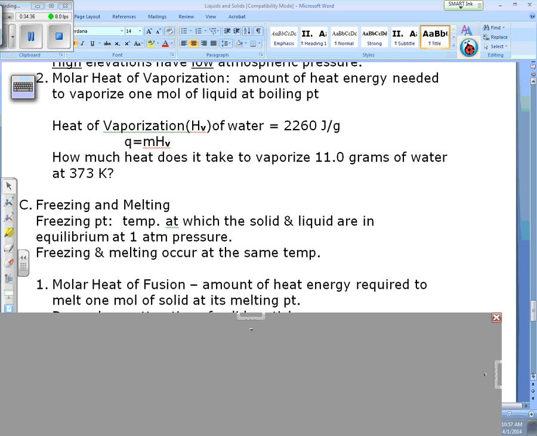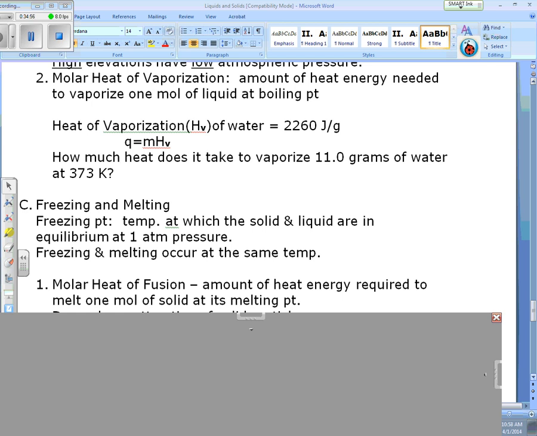All right. Molar heat of fusion. Now, this one isn't as easy to understand or identify as heat of vaporization. Molar heat of fusion, again, it's per mole, but heat of fusion is the amount of heat it takes to melt 1 mole of a solid. So heat of fusion is used for melting.